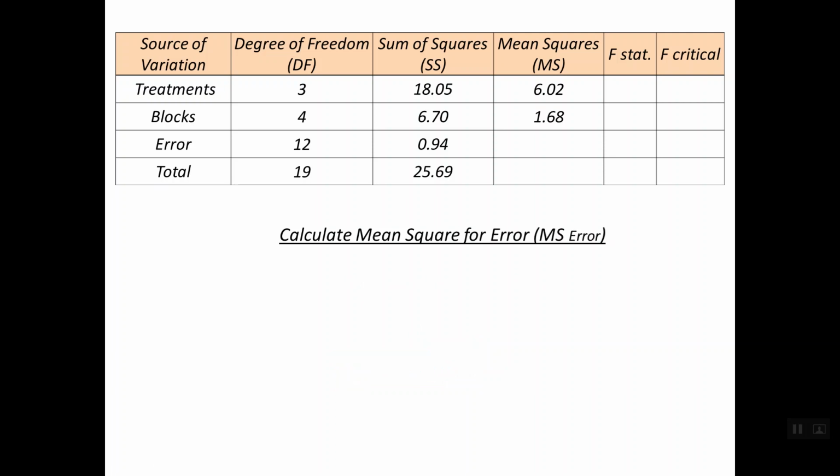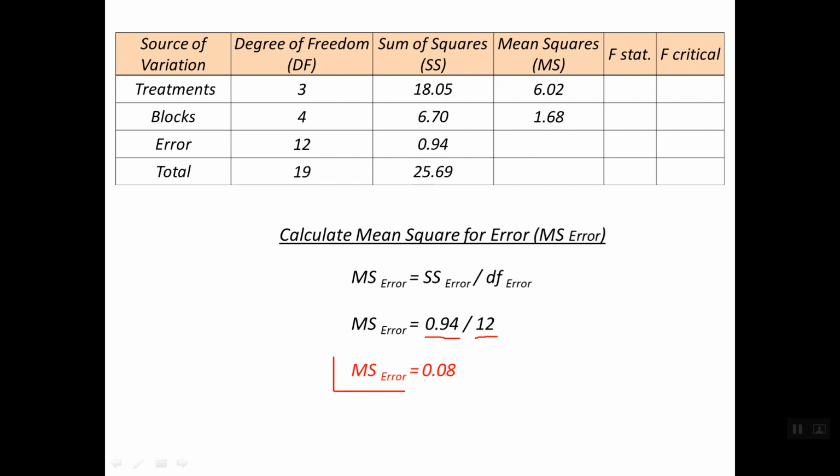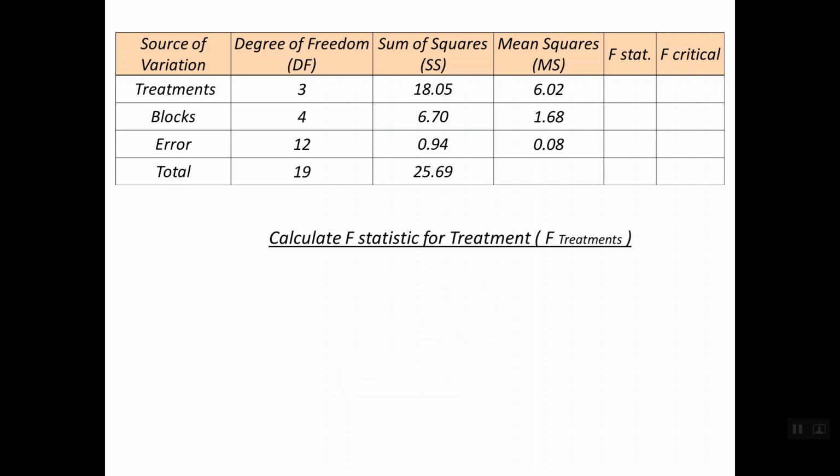For the mean square for the error, or MS for the error, the same way. This is the SS for the error, and this is the degree of freedom for the error. So the mean square for the error is equal to 0.08. Now we can simply calculate the value of the F statistic.